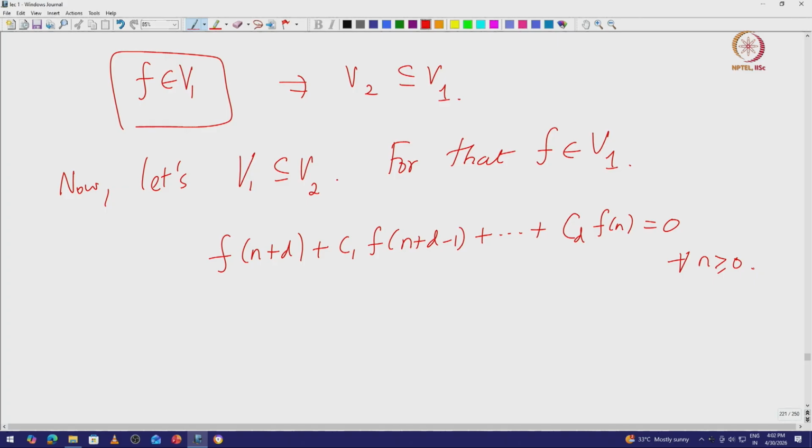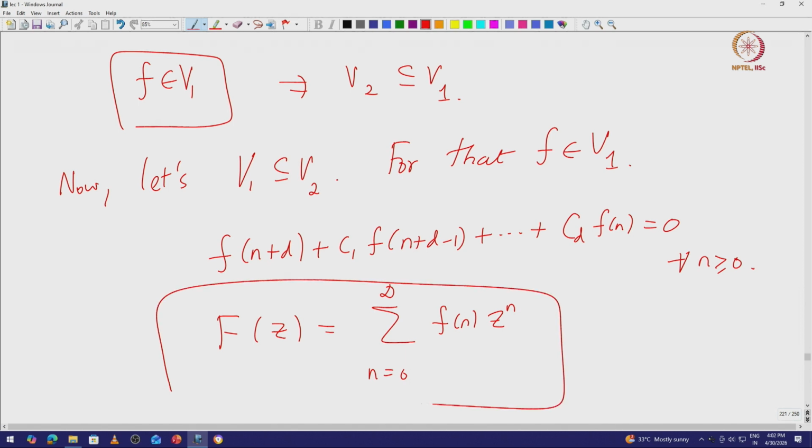Now, using this we need to show that the power series can be rewritten in the form P of z divided by C of z. Recall, f of z is given by the summation of f of n z power n, n from 0 to infinity. This is the generating function of this counting function f.